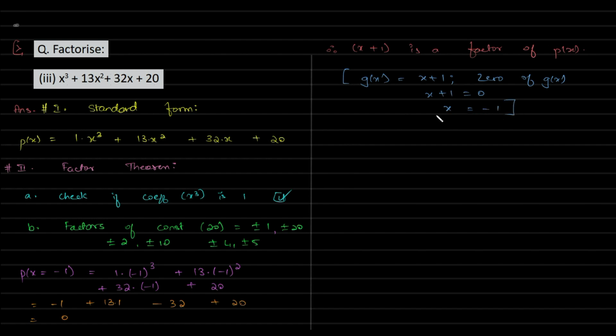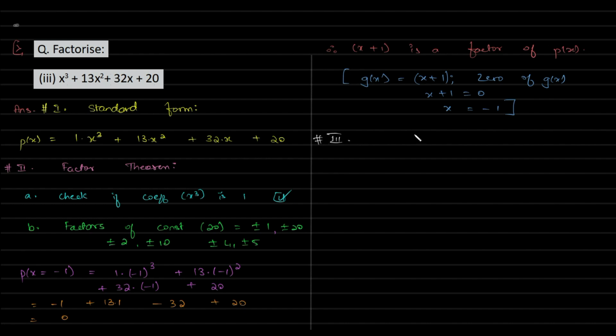So now minus 1 and minus 1 are the zeros for both these polynomials. As per the factor theorem, if a linear expression has the same zero as a polynomial of some other degree, then by default x plus 1 is a factor of p of x. Again, all this is repetition. You have to learn the basics and continue.